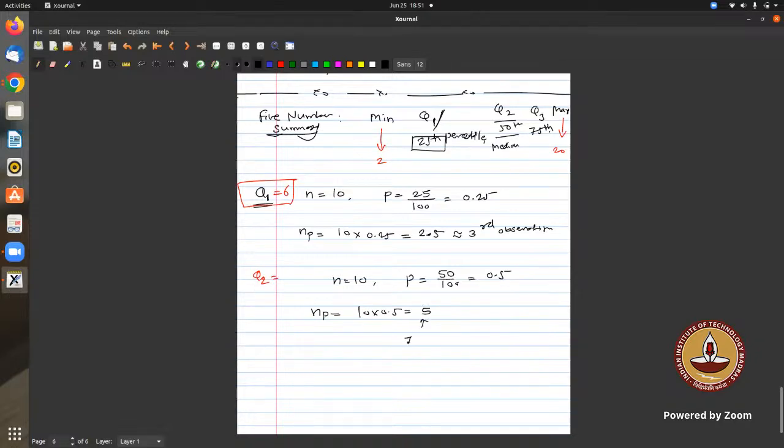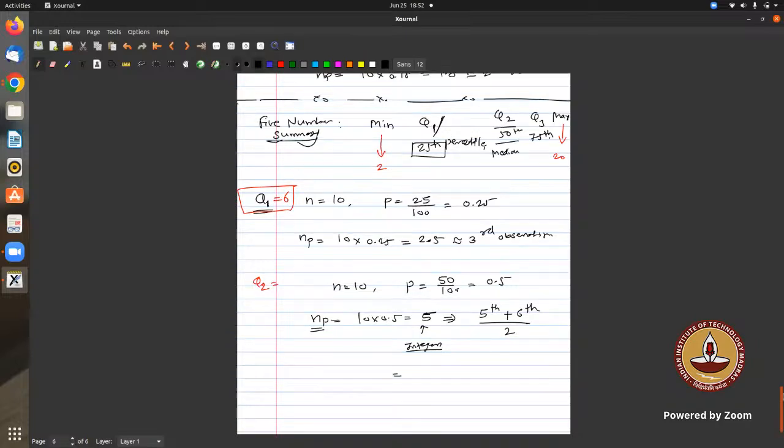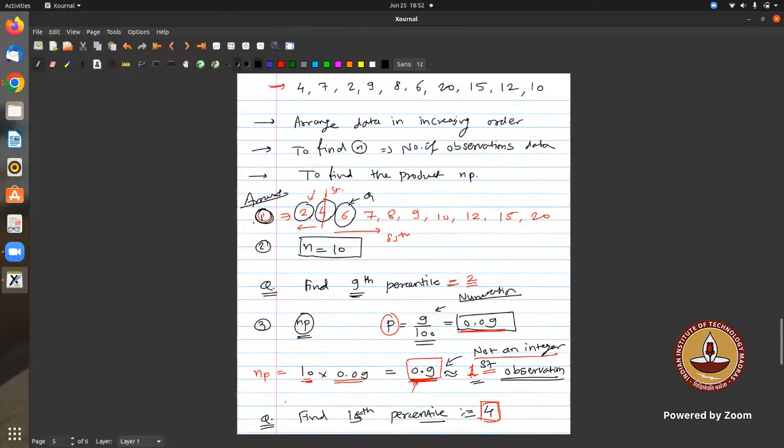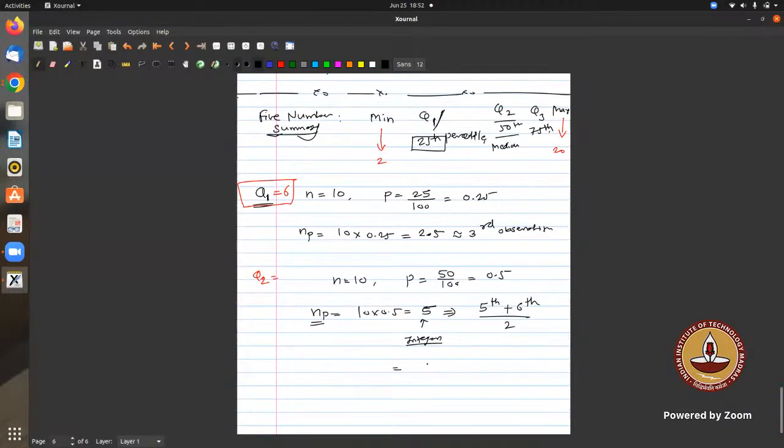Yes. If the product n into p comes out to be an integer, I have to take the average of the fifth value and the sixth value, so fifth plus sixth by 2. The fifth value is 8 and the sixth is 9. So 8 plus 9 by 2 is 17 by 2, which is 8.5. This is the median.